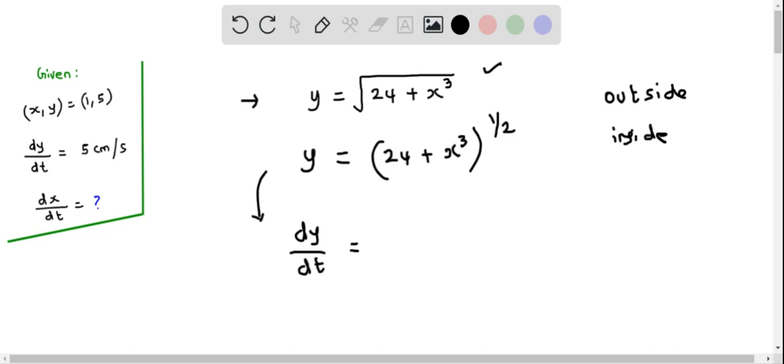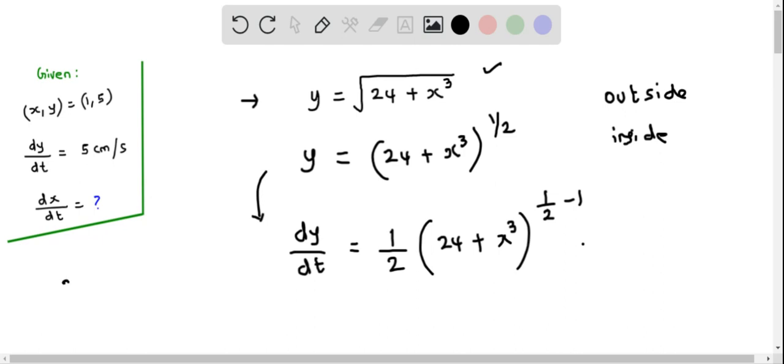So first, let me apply the power rule to differentiate the square root function. I put this 1/2 in front, and then I put 24 plus x cubed raised to the power of 1/2 minus 1. This is what we get when we differentiate (24 plus x cubed) raised to the power of 1/2.